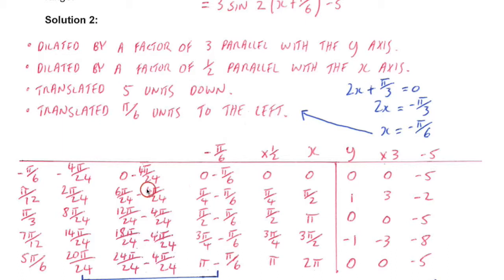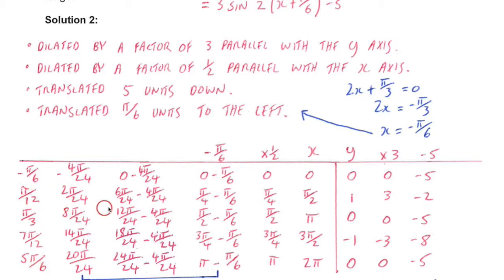So what I've done is I've converted everything to being over 24. I've then tidied it up so everything here is over 24. And you'll notice that they're equally distanced apart. Basically, as I go down, I'm growing by 6 pi on 24 units. And there's that pattern, and then I've simplified those.